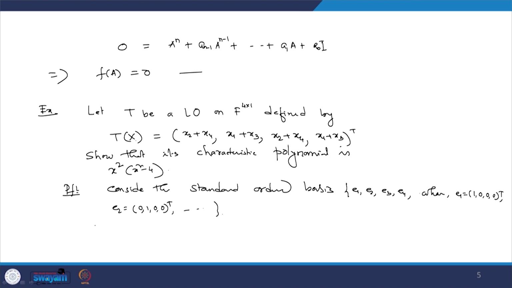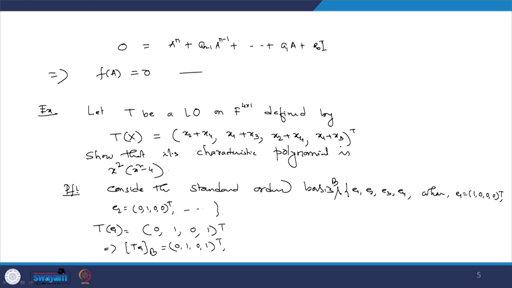So, we see that T of E1 equal to 0 1 0 1 transpose. If I write down this column vector in terms of E1, E2, E3, E4, this implies that the coordinate matrix of T E1 with respect to this ordered basis, say B, will be equal to 0 1 0 1 transpose.